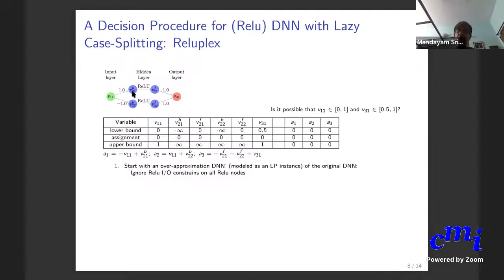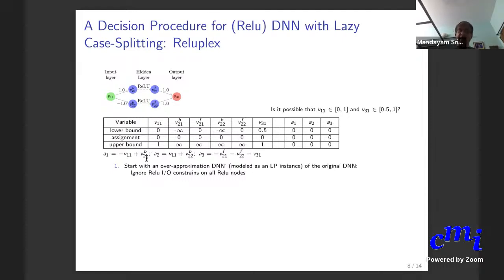Since here there are no constraints on any of the hidden nodes, there is one equation for every linear expression defining the backward ReLU node, and that's what A1, A2, A3 do.